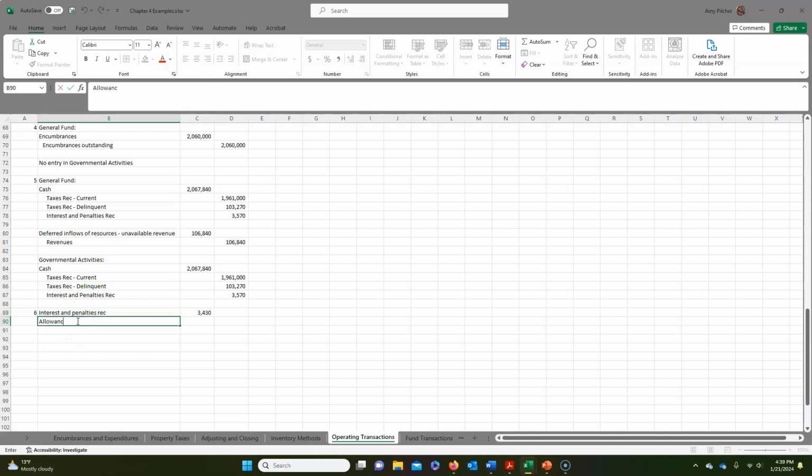Our allowance for uncollectible interest and penalties, 30%, and revenues.